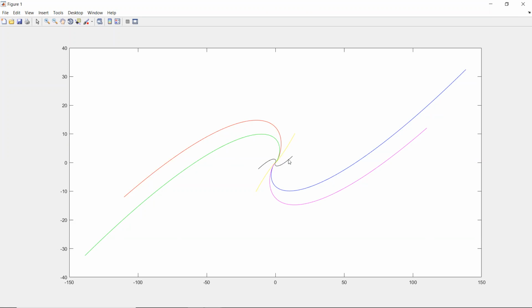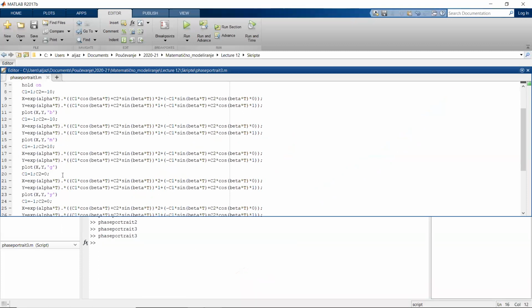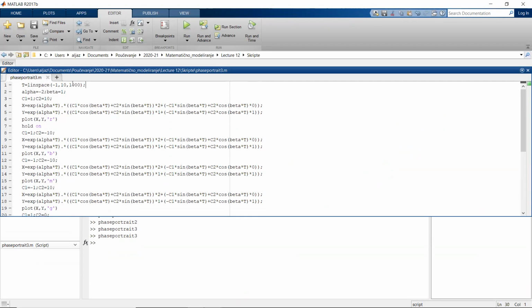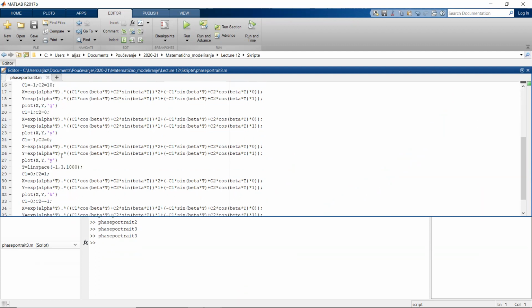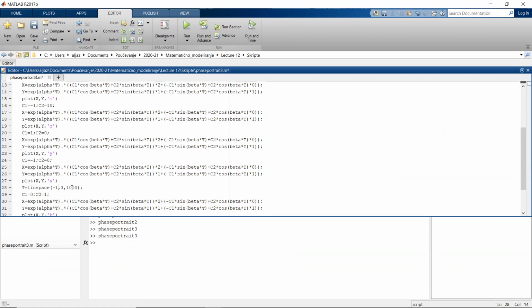So in this specific case, for this black curve, I would only need to change the code. The black one is this one. So let's change the interval where it's defined, let's say from -10 to 10.